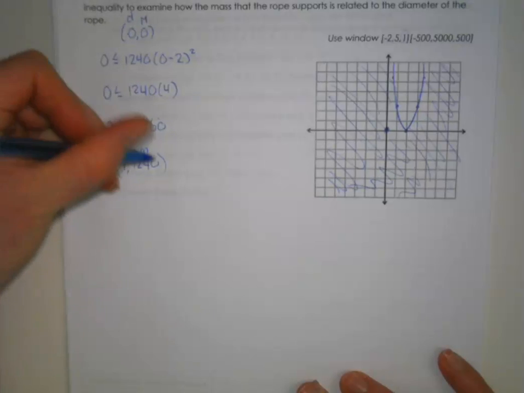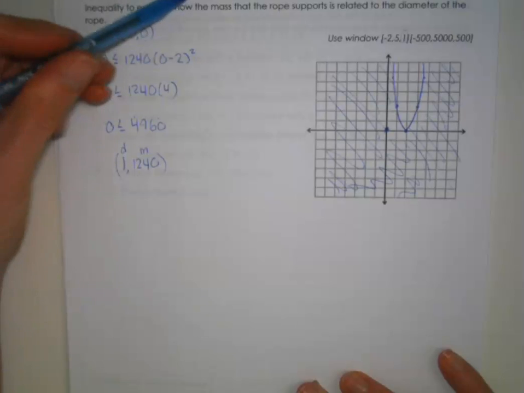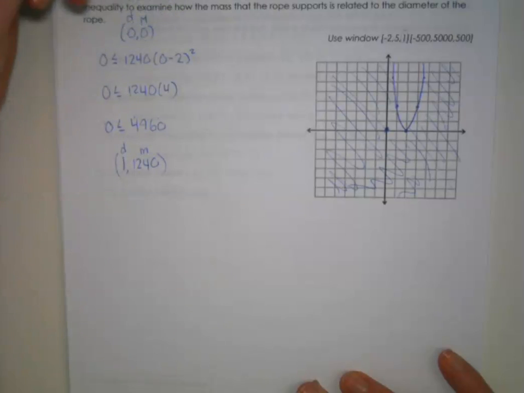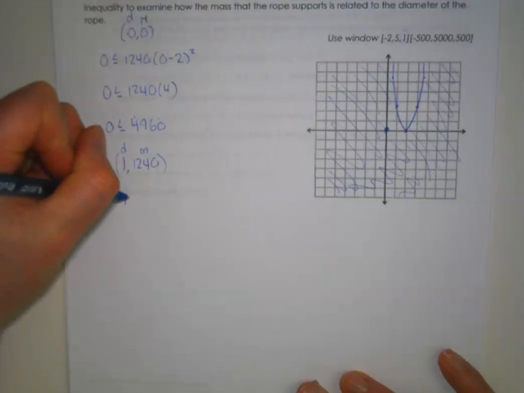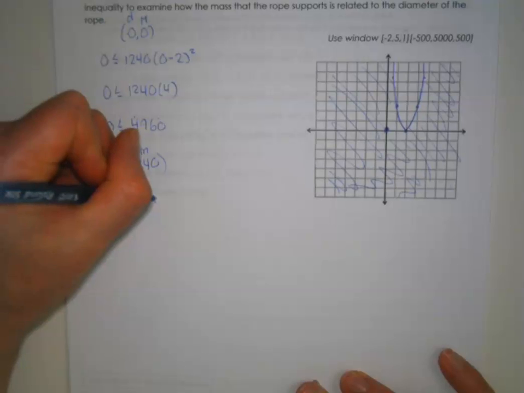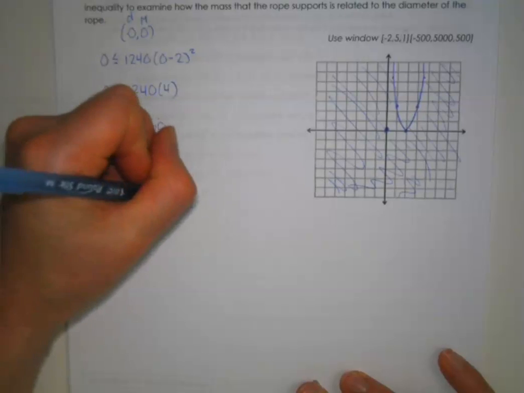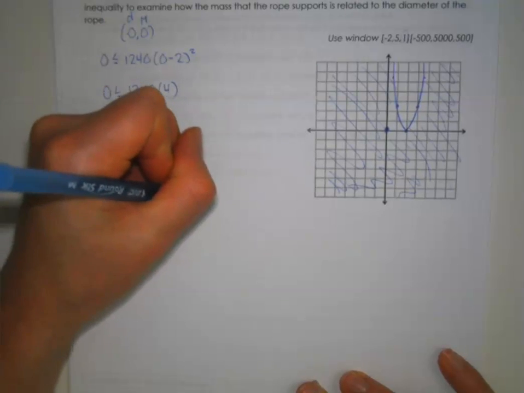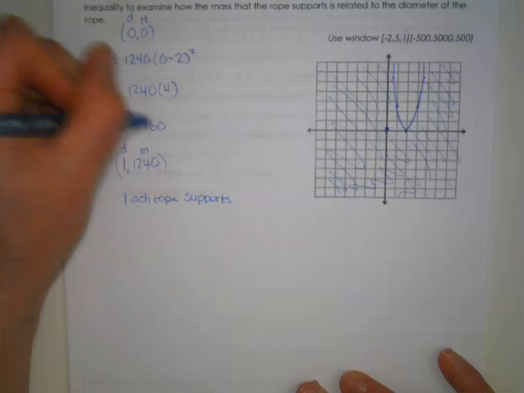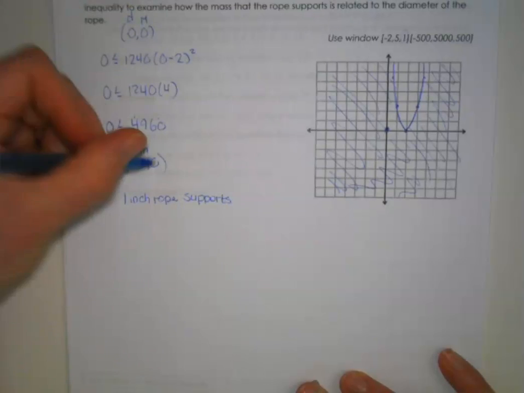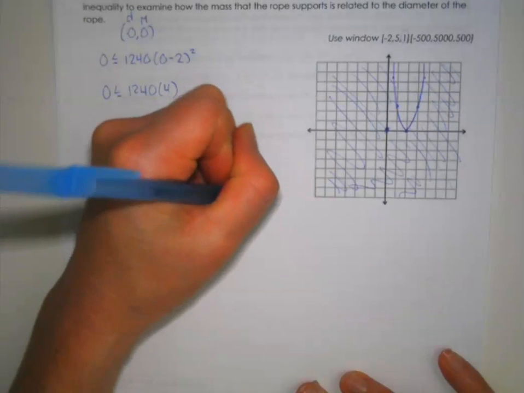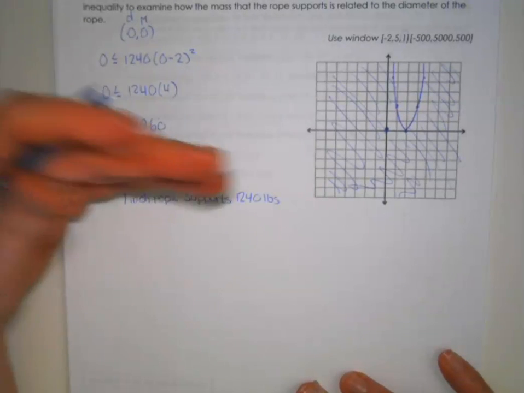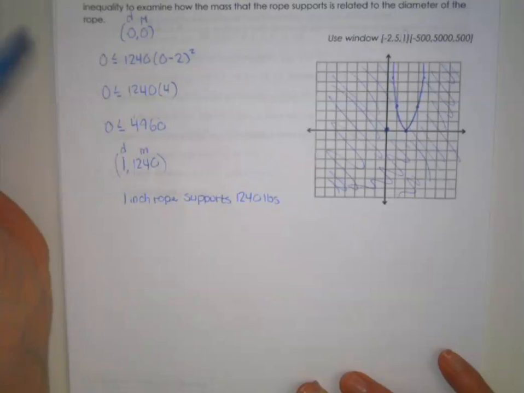If we had to interpret this verbally, looking at our units, diameter is in inches, so we would say a 1-inch rope supports, and our units for mass were pounds, so supports 1,240 pounds. Okay, and then you could look at any other point in the graph and figure that out.